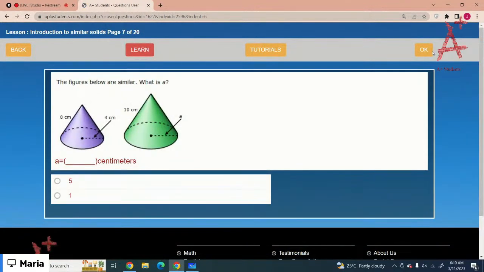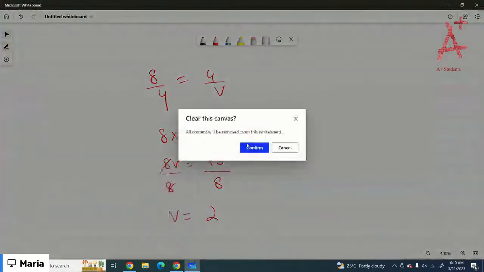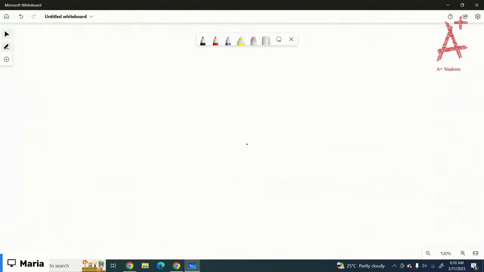Okay, the figures below are similar. What is A? So just form a proportion between the corresponding sides. So it is 10 over 8 equals A over 4. Just do cross multiplication. 10 times 4 is 40. 40 equals 8A.